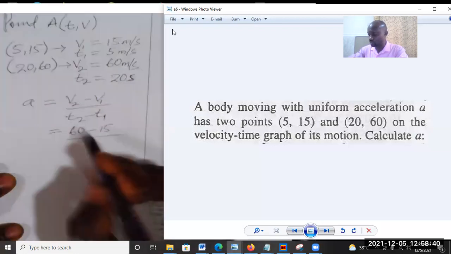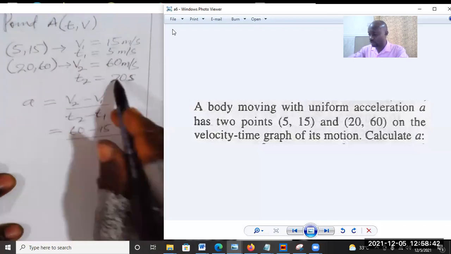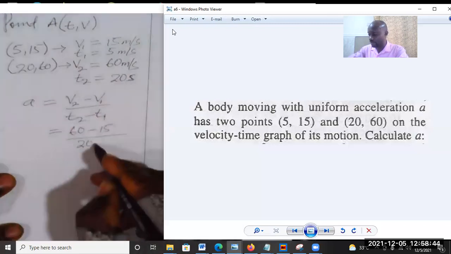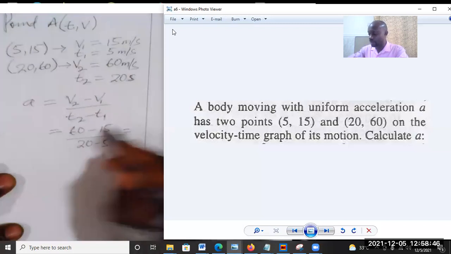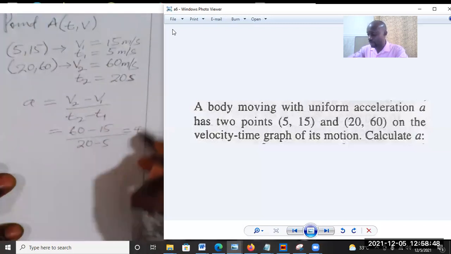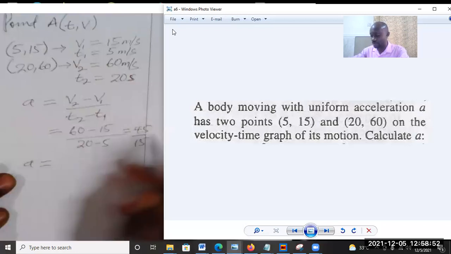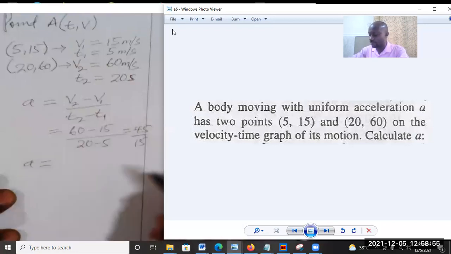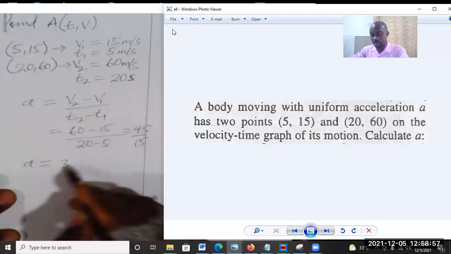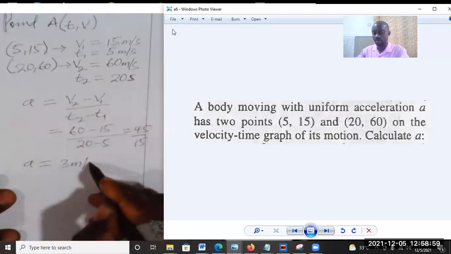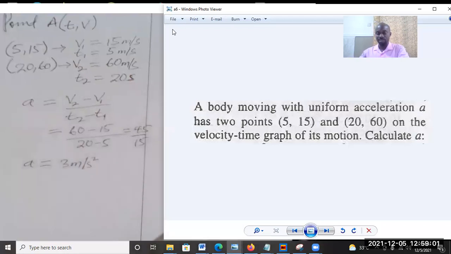And T2 is 20, 20 minus 5. 60 minus 15 gives us 45. We have here 15. Acceleration, 45 divided by 15, will have 3 meters per second squared. So that's the acceleration when the question is to calculate A. This pair of points given to us, we end up having the acceleration to be A.